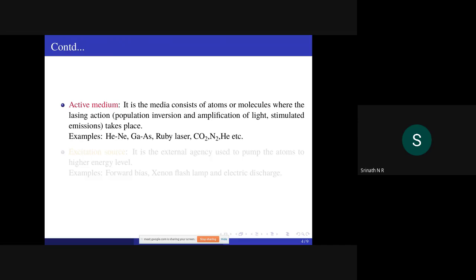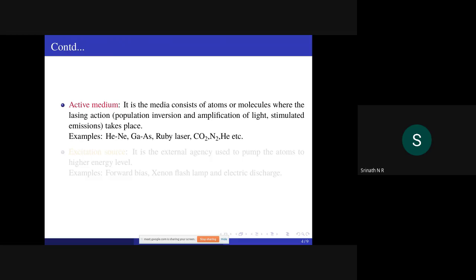In the helium neon laser, helium and neon molecules are the active media. In the semiconductor laser, gallium and arsenide is the active medium. In the carbon dioxide laser, CO2, N2, that is nitrogen, and helium atoms form the active media.